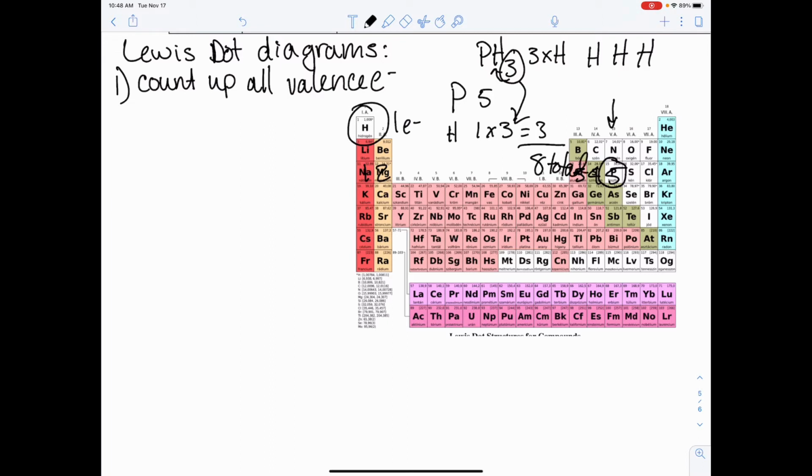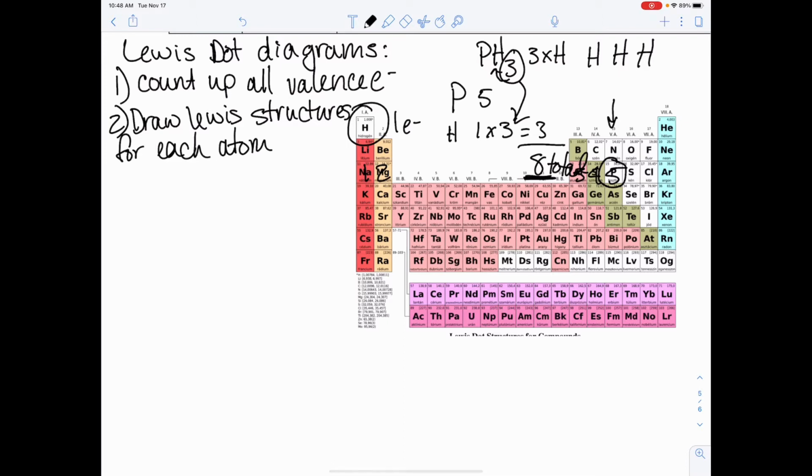Anytime you see that you have 8 total valence electrons, you can be pretty certain that it's going to be a simple Lewis dot diagram, not too tricky. Then the next step is to draw Lewis structures for each individual atom.